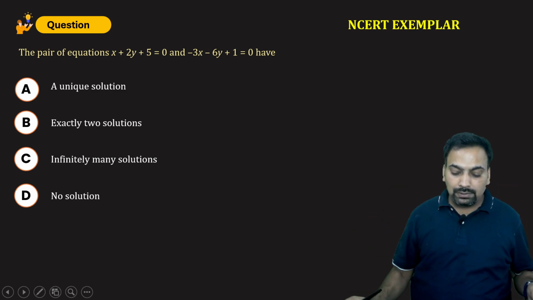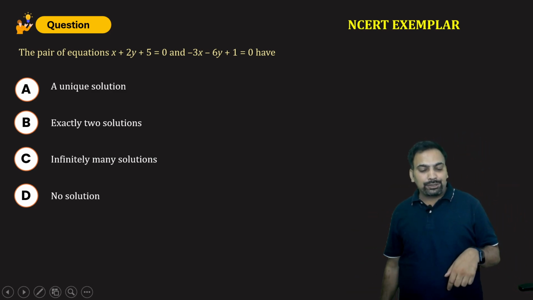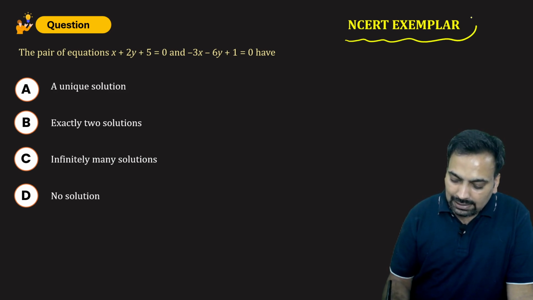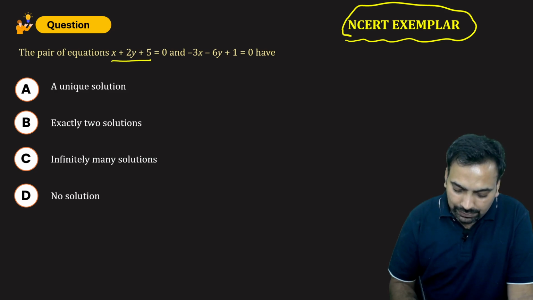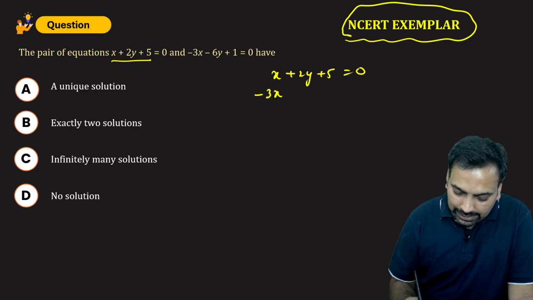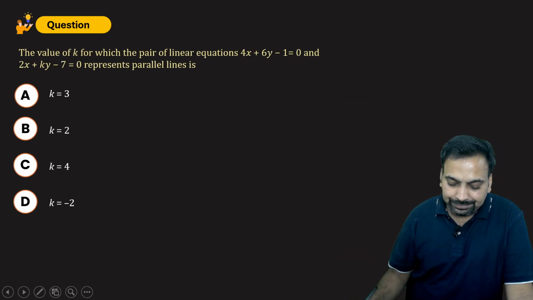Let's do the question. This is an NCERT exemplar question. The two equations given are x plus 2y plus 5 is equal to 0, and minus 3x minus 6y plus 1 is equal to 0.